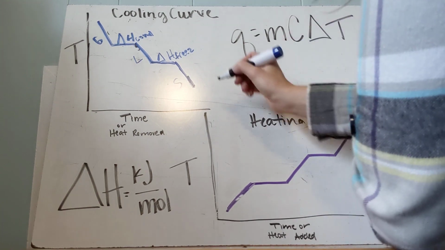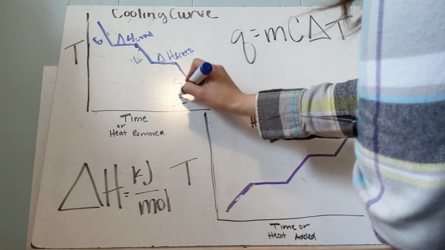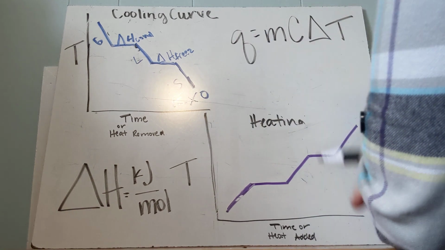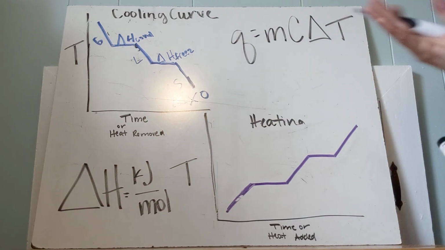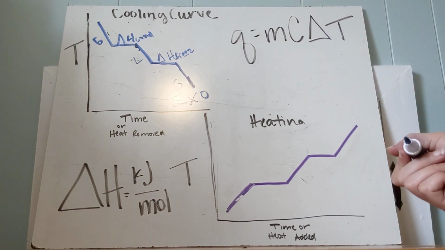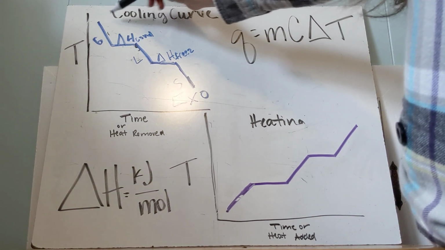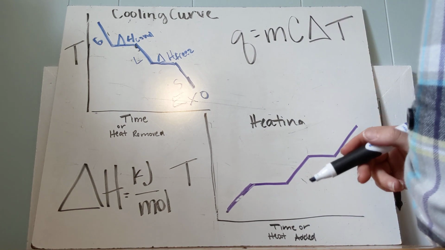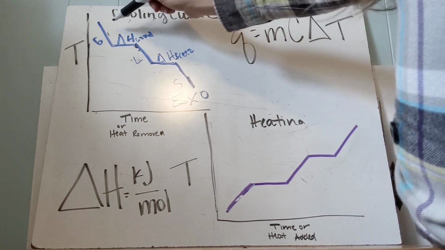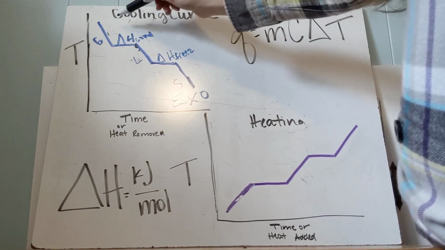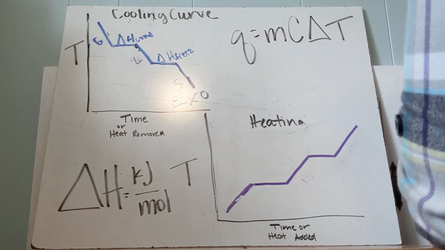And these are going to be exothermic. Why exothermic? Remember from our previous discussion, overall, from reactants to products, energy is going down. From gas to a liquid, energy is going down.